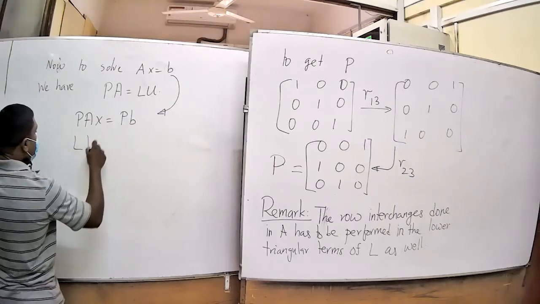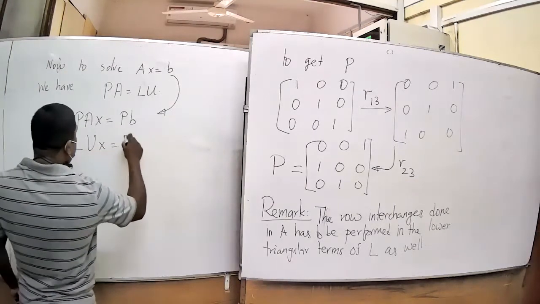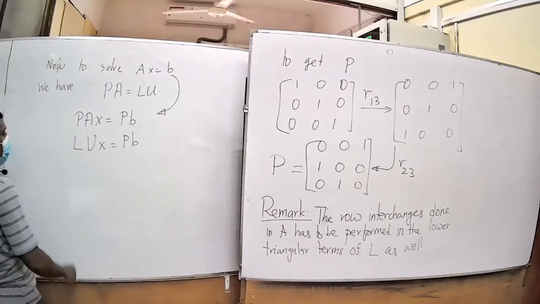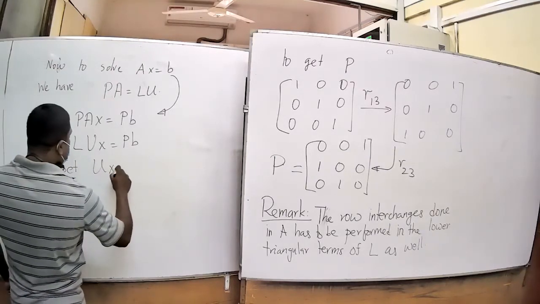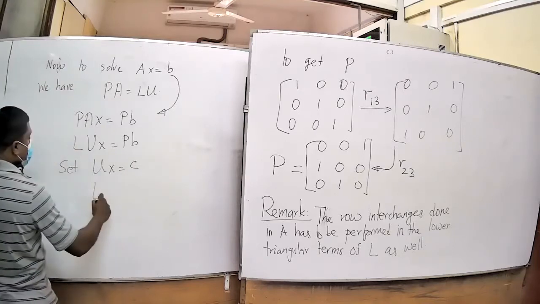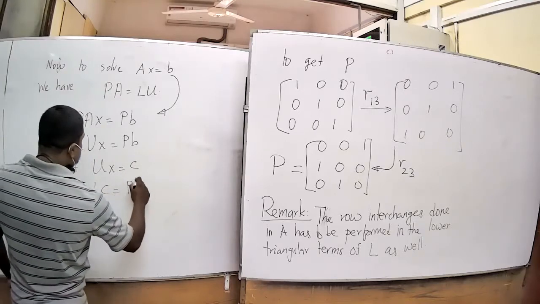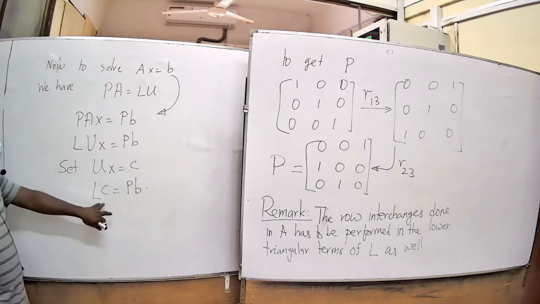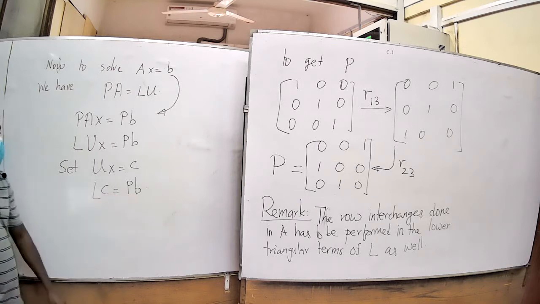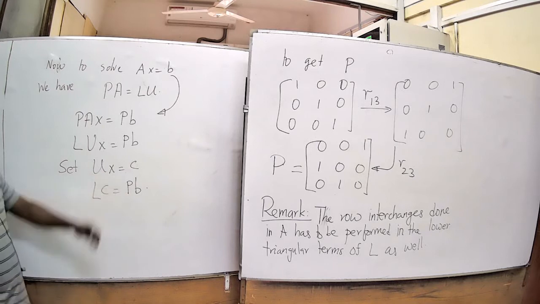So you get LUx = Pb. Set Ux = c, so Lc = Pb. So you still have two triangular systems, one lower triangular and one upper triangular. First you solve Lc = Pb, and then you solve Ux = c.